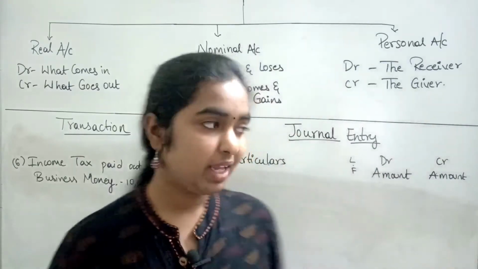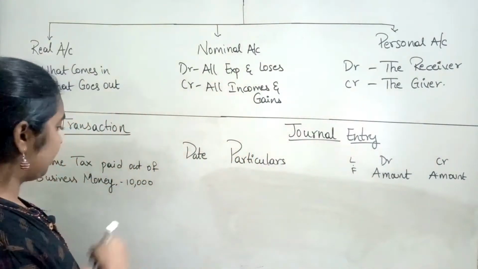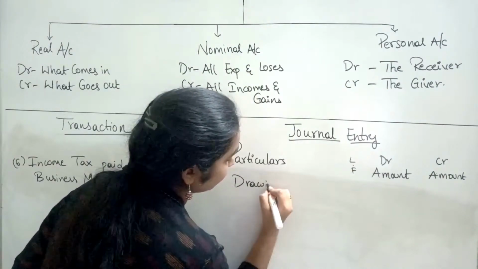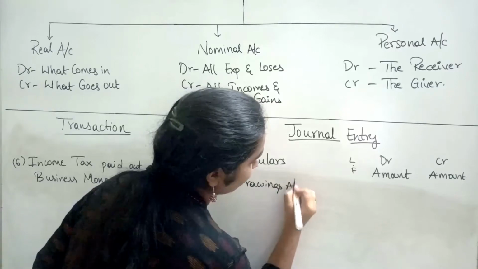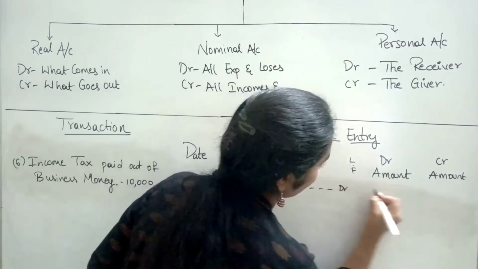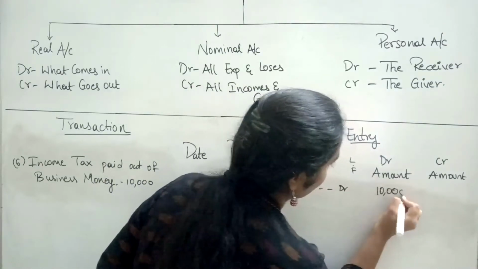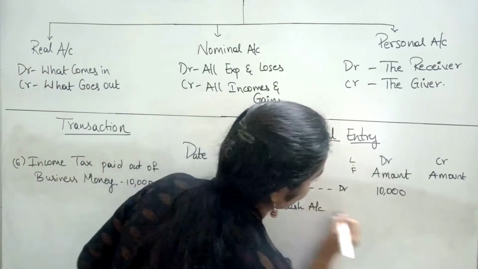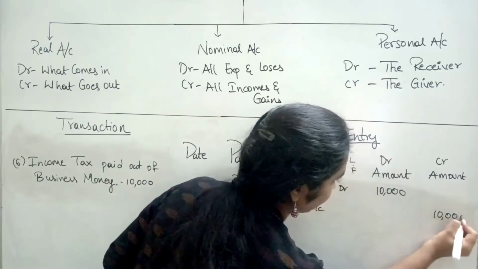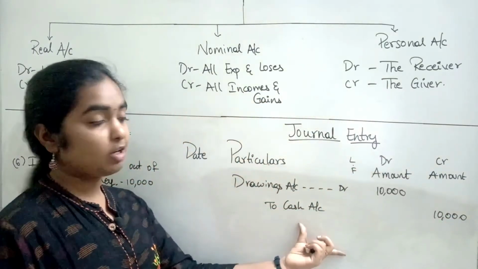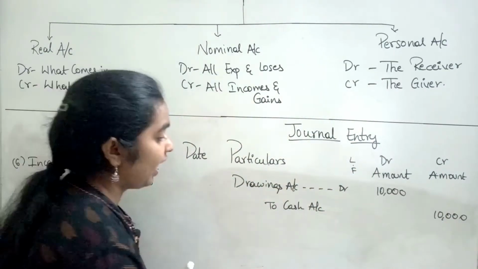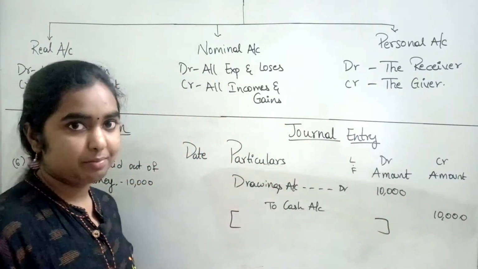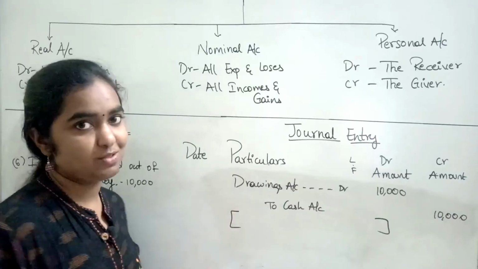So here we simply mention drawings account debit to cash account. Cash is credited because the cash is going out. And again the narration, like amount taken from the business by the owner, 10,000 rupees.